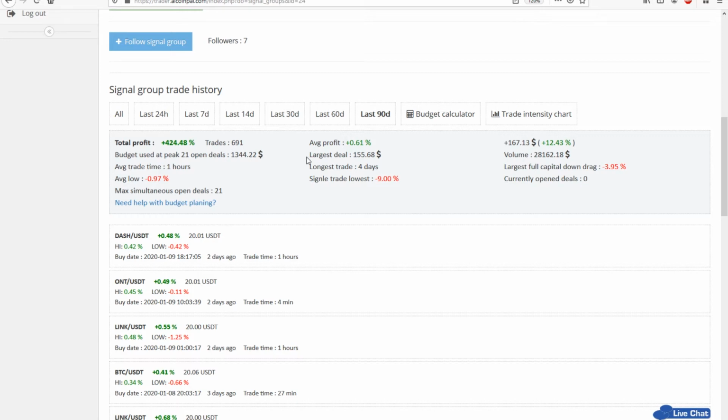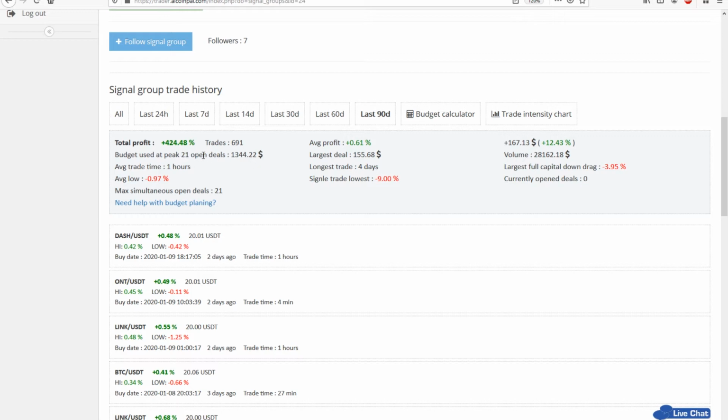So to use the maximum benefit of this trading bot, we need to have a minimum of $160 for a trade, and to use the maximum of this data, we need to have 155 times 21 in our capital.